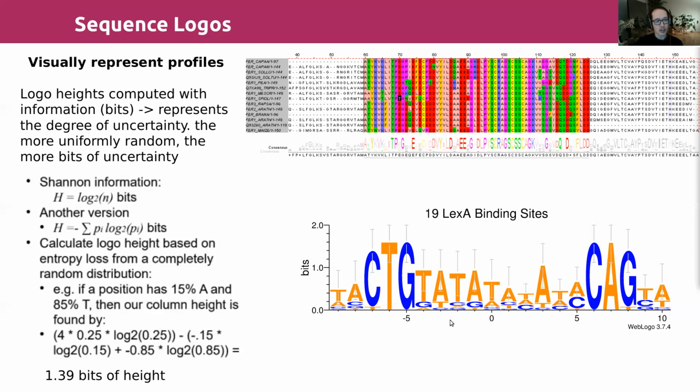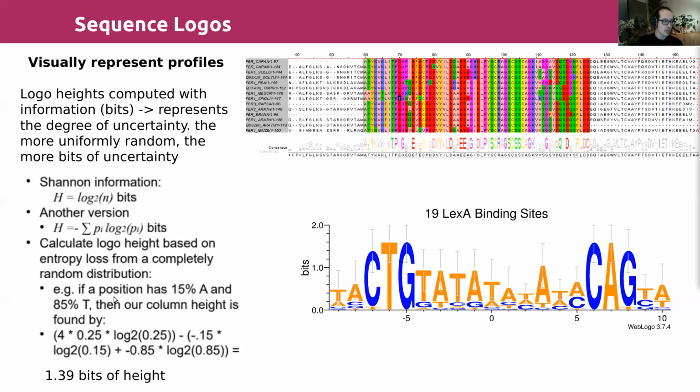Likewise, if we have uniform probability of A, T, G, or C, that is more uncertain than a situation where we are looking at mostly G, where we're quite certain that we're looking at a G. So you can use this equation to compute in bits the information content, and this determines the height.